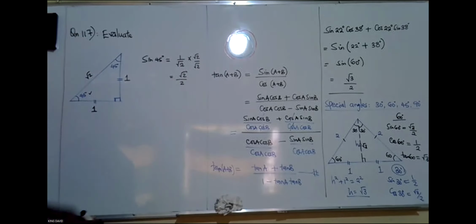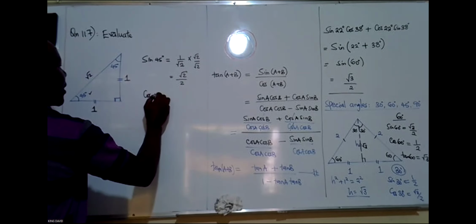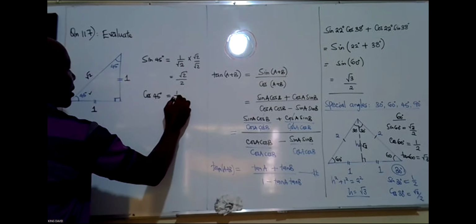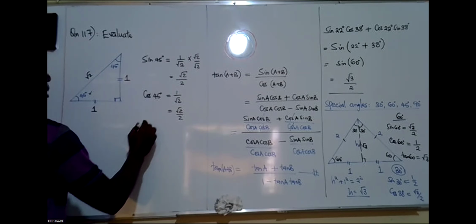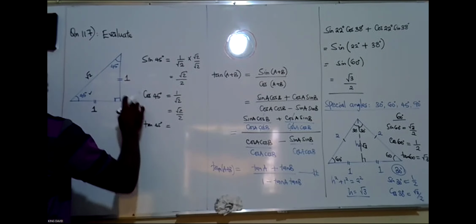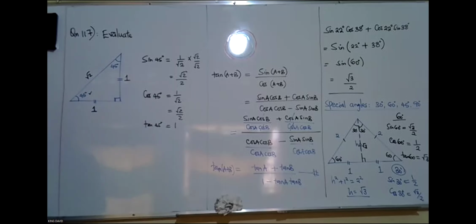So you can either say 1 out of root 2, or you can say it is root 2 out of 2. That is sine 45. Cos 45 is the adjacent, which is 1 out of hypotenuse. So this is the same as root 2 out of 2. Then the tan of 45, opposite out of adjacent, tan 45 is going to be 1.